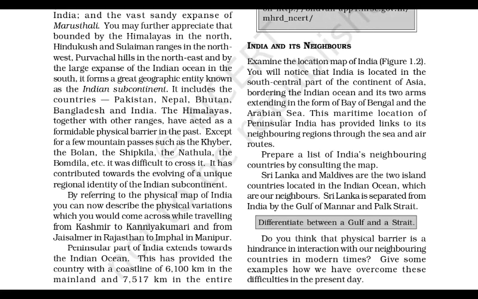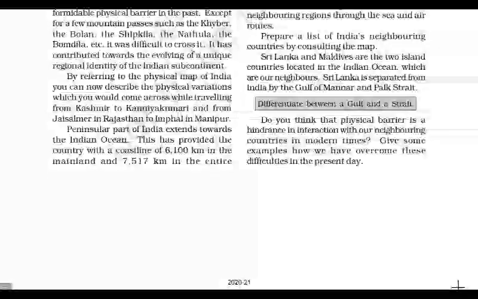By referring to this physical map of India, you can now describe the physical variation which you would come across while traveling from Kashmir to Kanyakumari and from Jaisalmer in Rajasthan to Imphal in Manipur. The peninsular part of India extends towards the Indian Ocean.